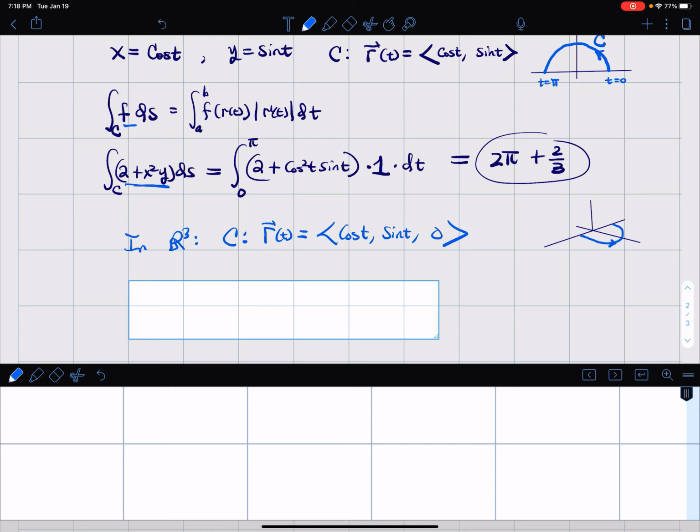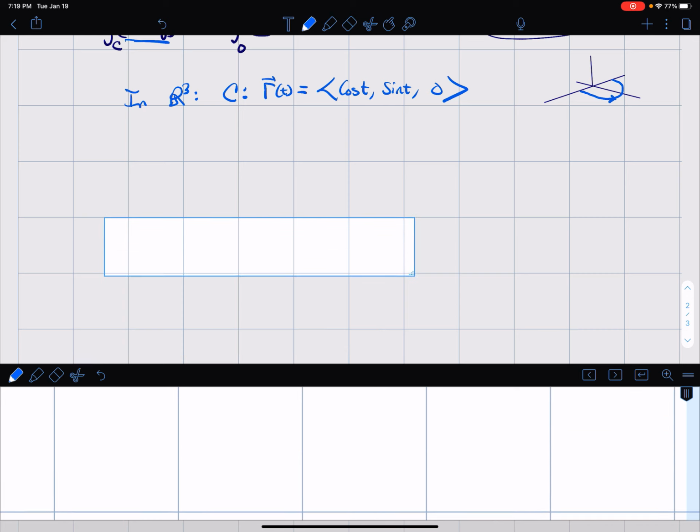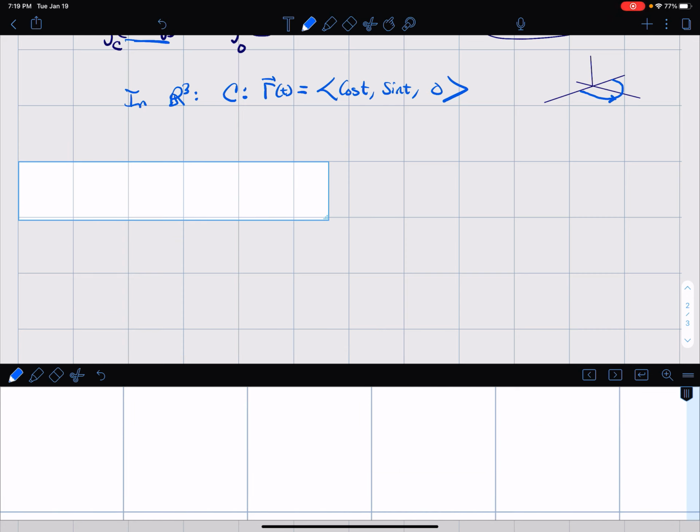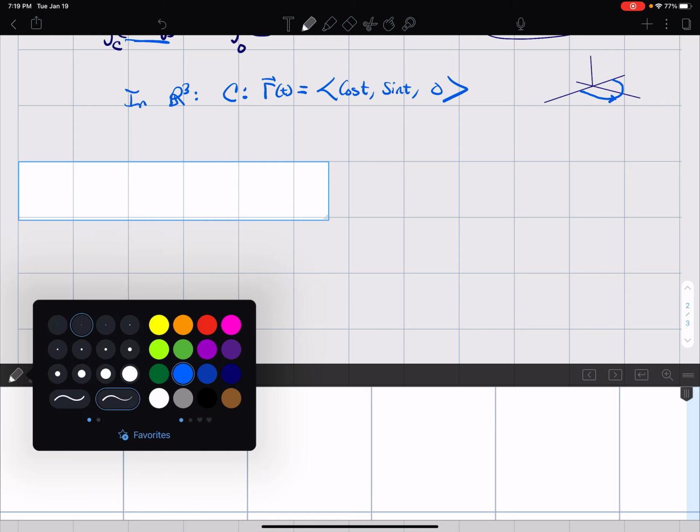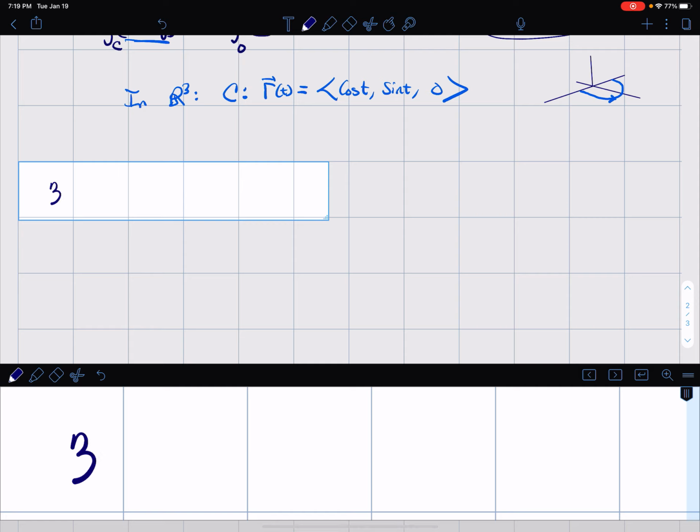Let's try another problem. Number 3, 3a.